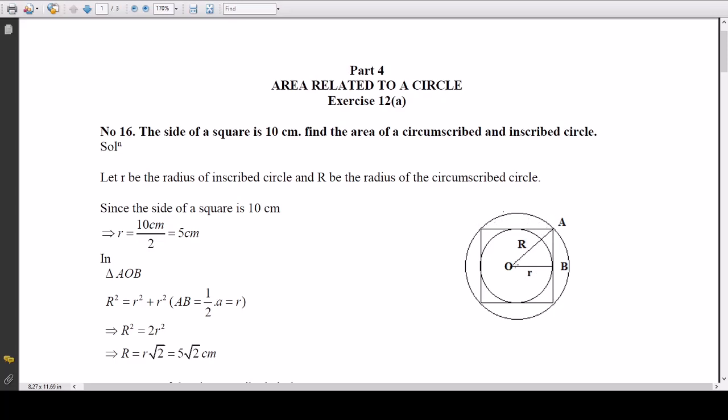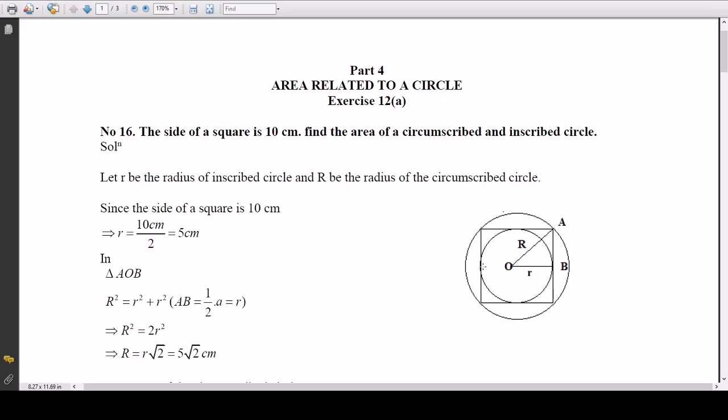Now if you observe here, the length OB is half the length of a side of the square. Because why? Because this side of the square is also a diameter of the smaller circle.